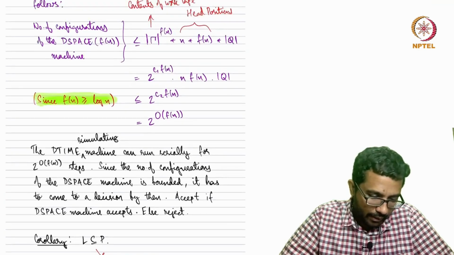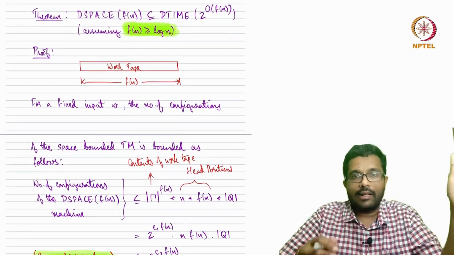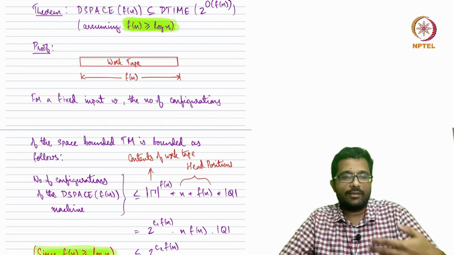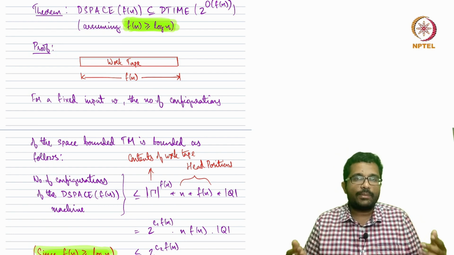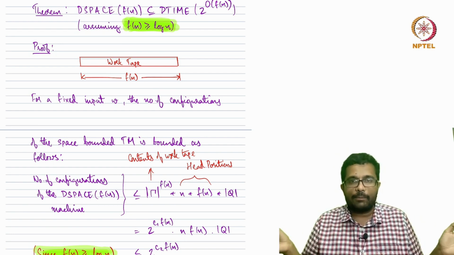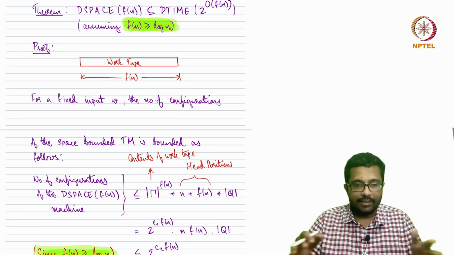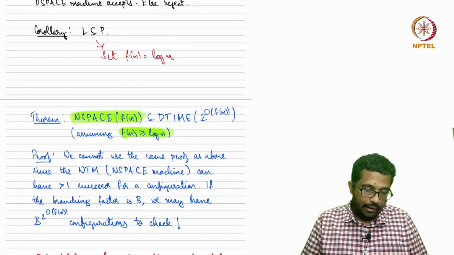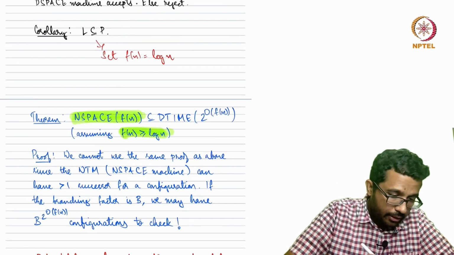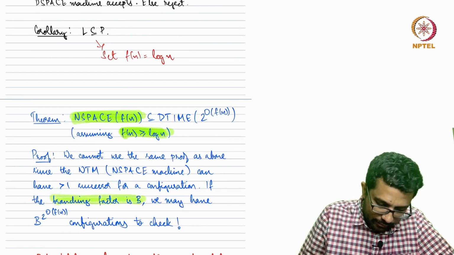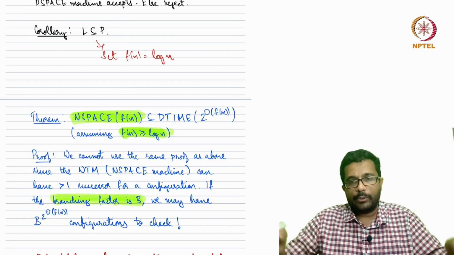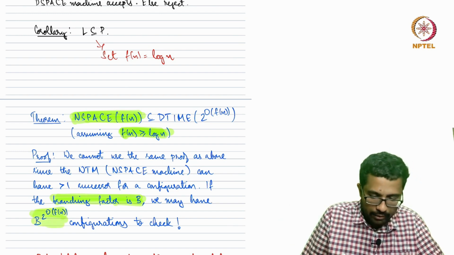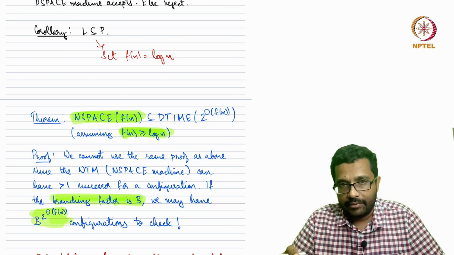We cannot use the same simulation that we did here, where we just ran the deterministic space Turing machine, because that machine is just deterministic. But with a non-deterministic space bounded Turing machine, there could be multiple approaches. So we cannot run it just like that, because running it requires us to explore many computation paths. If there is a branching factor of b, exploring all paths may result in a double exponential, like b^(2^O(f(n))) configurations.